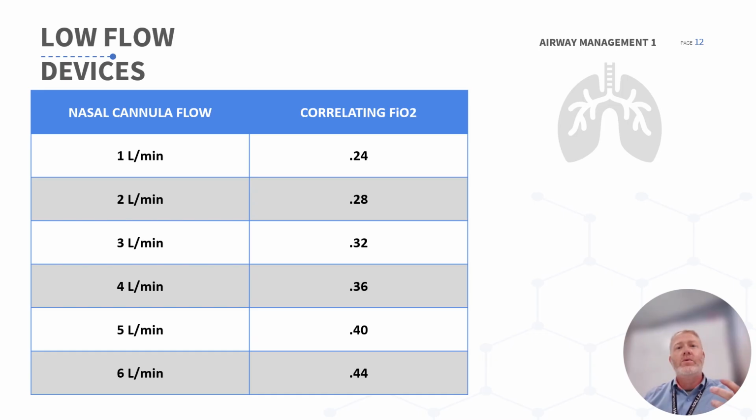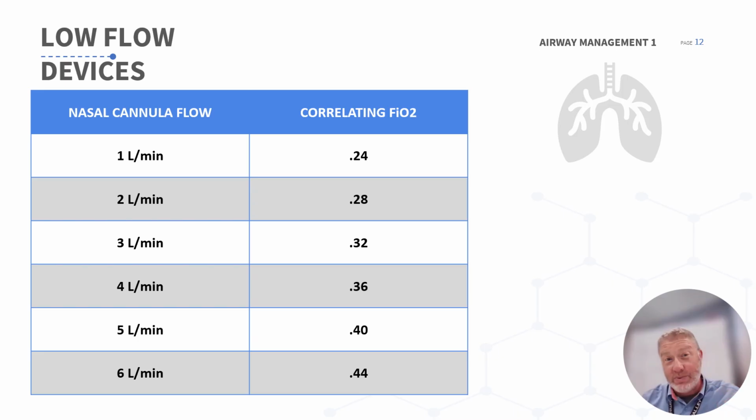And if we're at a flow of 1, 2, 3, 4, 5, or 6, that's the total flow in liters per minute that the cannula is putting into the patient's body.